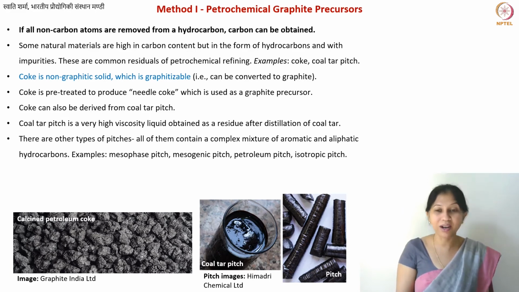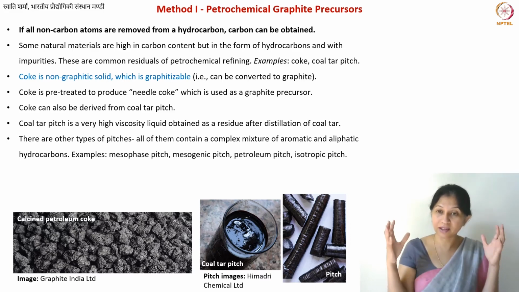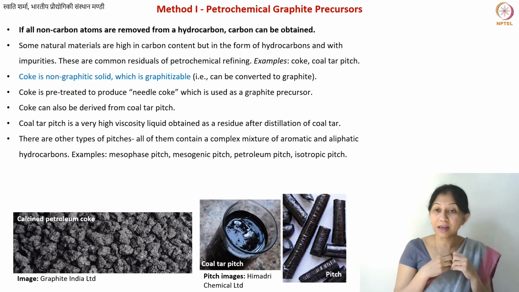But not all kinds of pitches. Again, you have something called isotropic pitch. You have something called mesogenic pitch. Many of them are classified as just petroleum pitches. And then you also have something known as mesophase pitch. This mesophase pitch is what is primarily used for making graphite. Isotropic pitch is also used for making carbon, but that carbon may not be graphite.